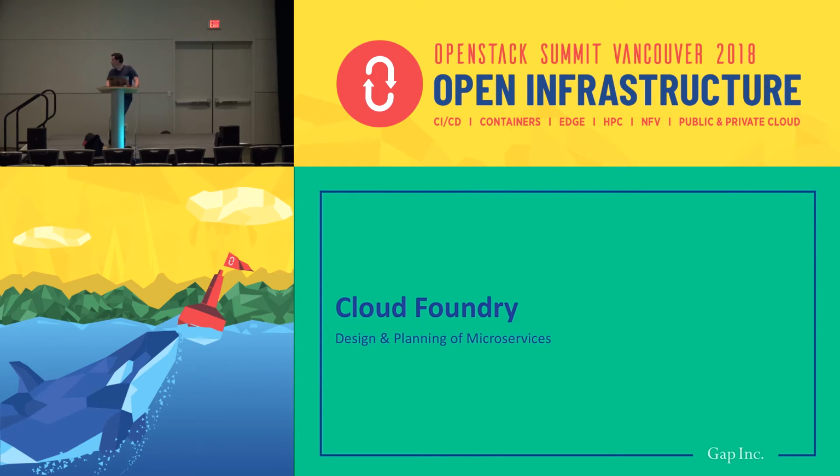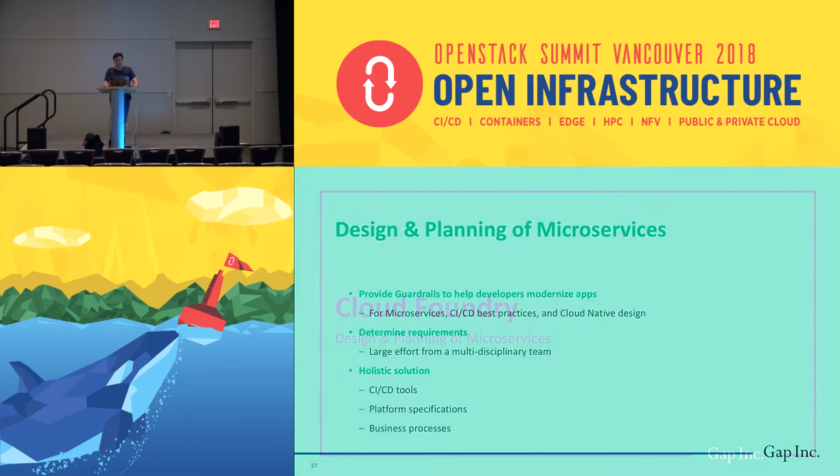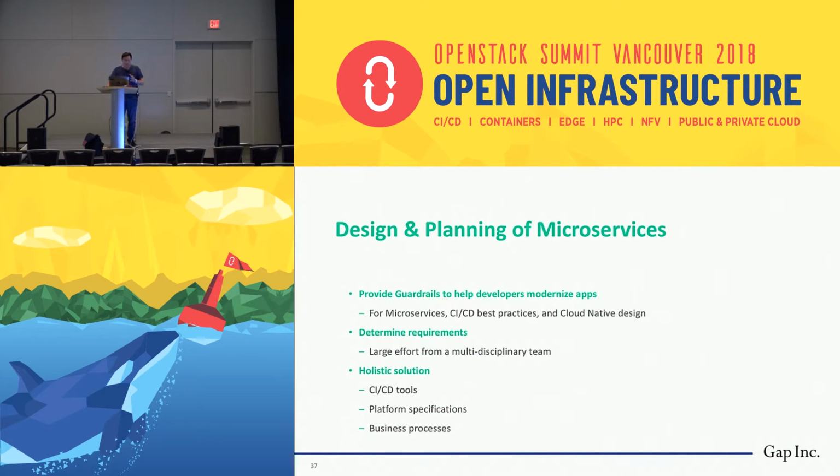So back into Cloud Foundry. When we're talking about Cloud Foundry and design and planning of the microservices, there are a few things. This was the portion that my counterpart was going to talk about.